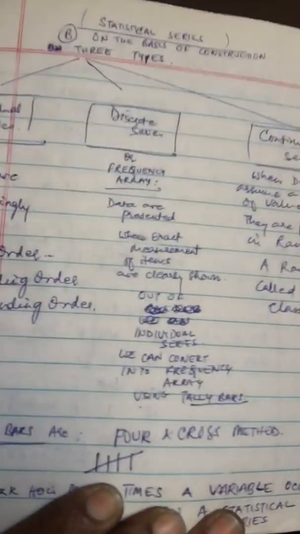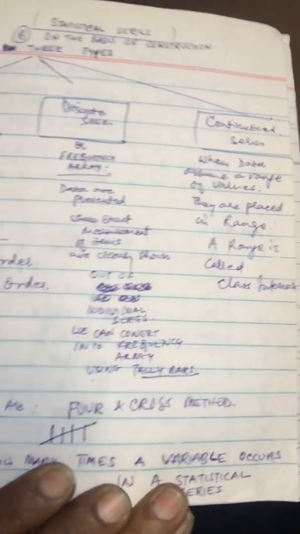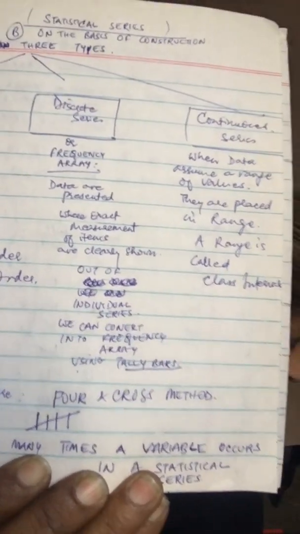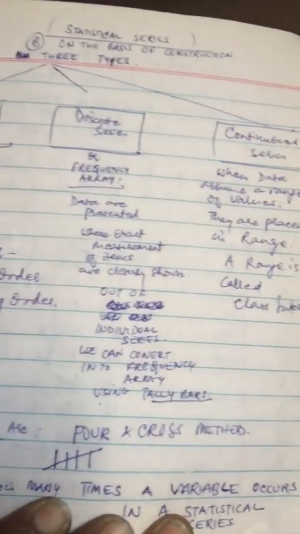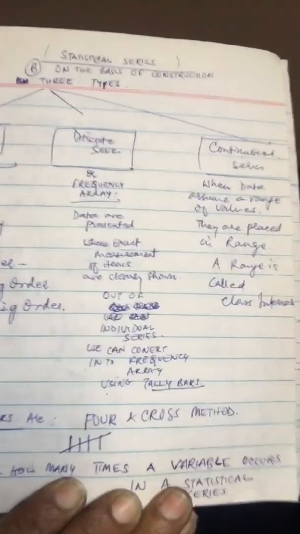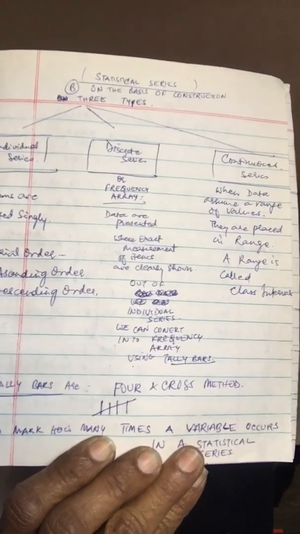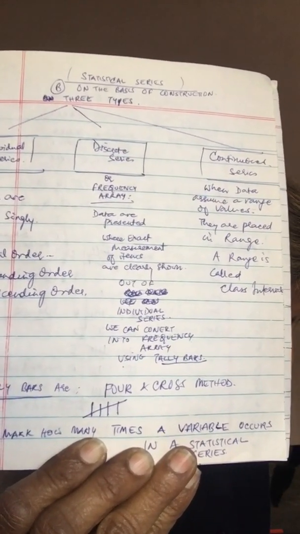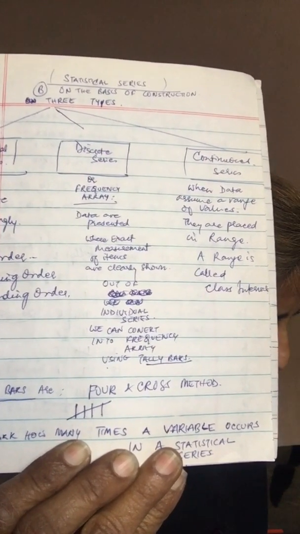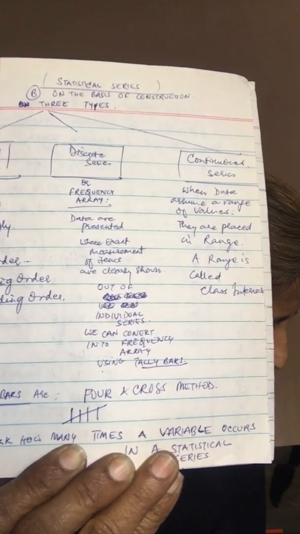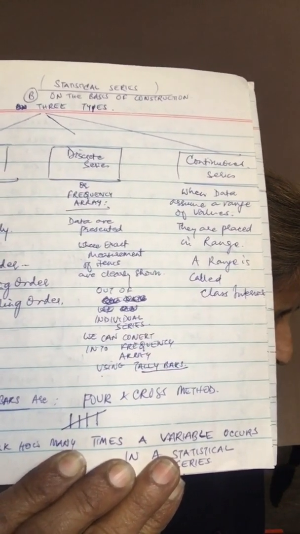So just have a look at this as I've just explained what it is. Individual series are those in which the items are listed singly. Each one is written separately. So every item has one value. They are not grouped into classes or groups.